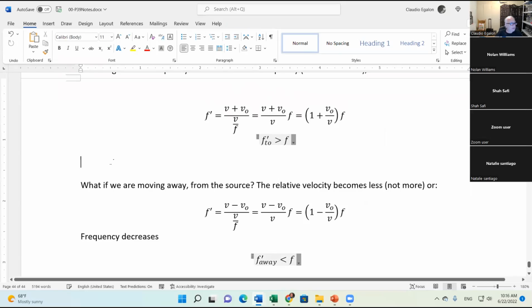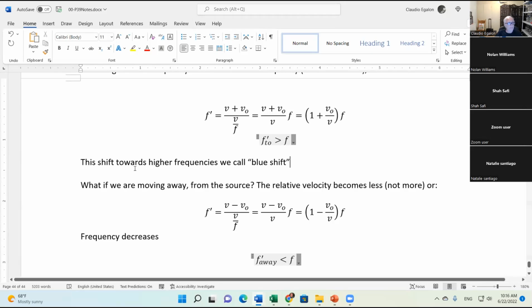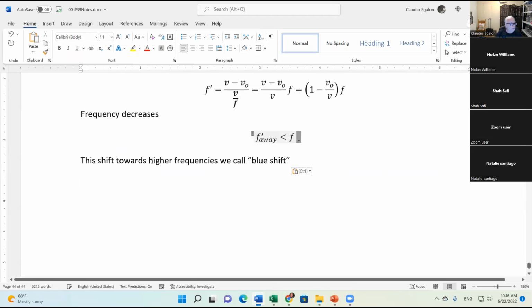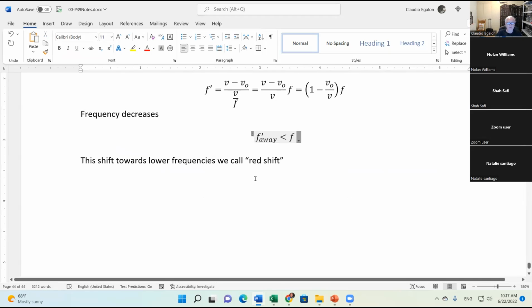This shift that we see in the frequency, this shift towards higher frequencies, we call blue shift. This shift towards lower frequency we call red shift.